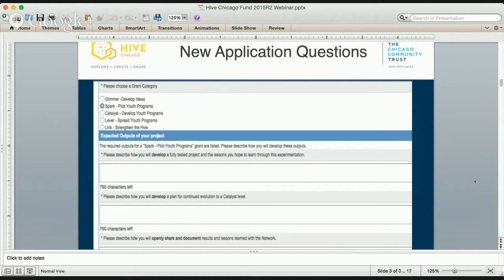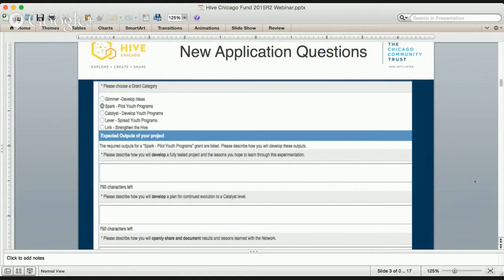And so when Sana mentions a fully tested project, that actual project is an output, right, that you created and experimented and developed with. When we talk about a plan for continued development to the catalyst level, these things could be presented in many different ways, but the output is a plan to scale up this work.